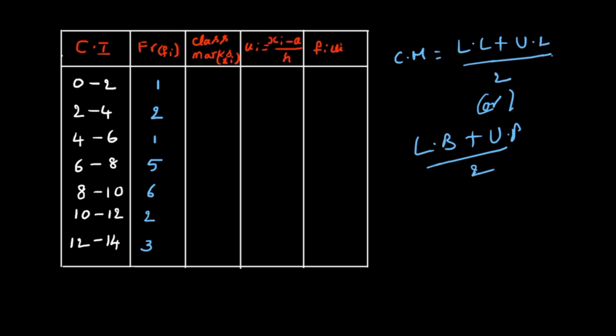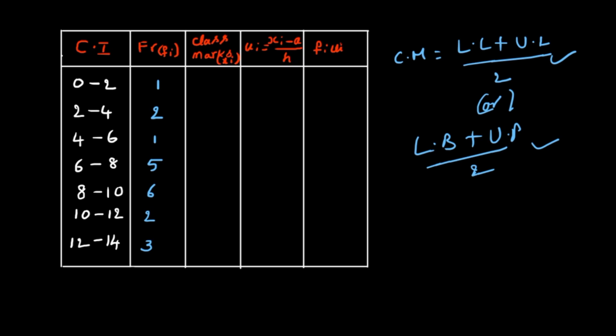These formulas we can use to find the class mark. So what is the lower limit and what is the upper limit? You can observe here, the left side of the class interval, these are all the lower limits. What is the upper limit? The right side of the class interval is the upper limit.